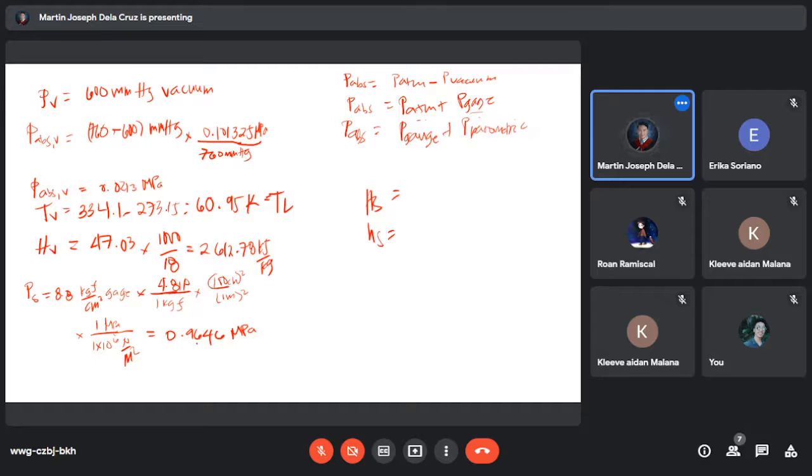So in your handbook, at 0.9646 megapascal, we get HS for the saturated liquid and saturated vapor.